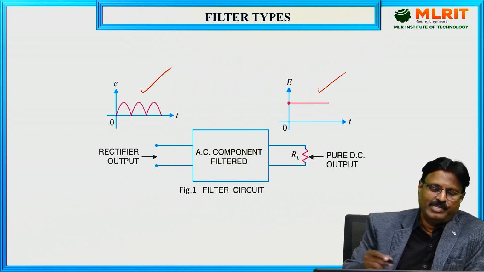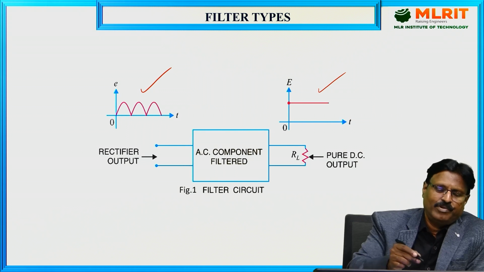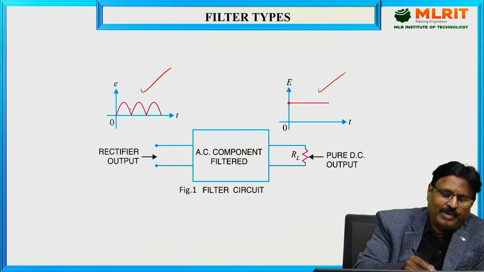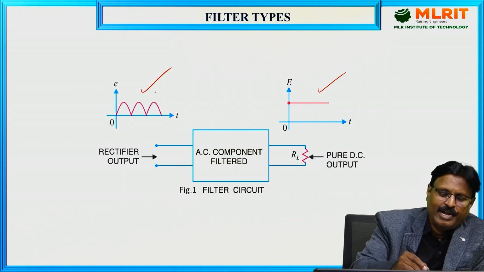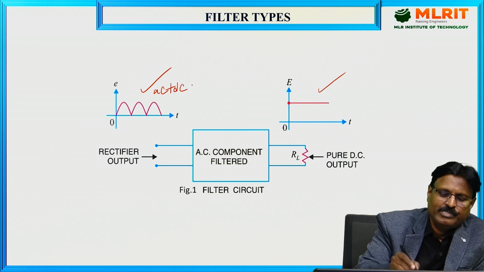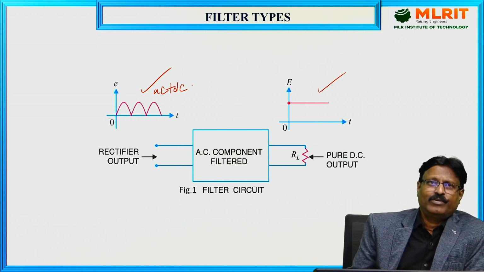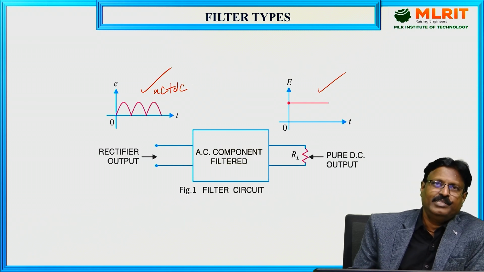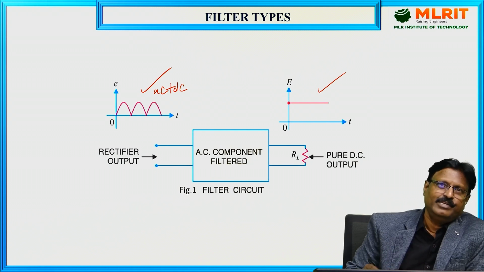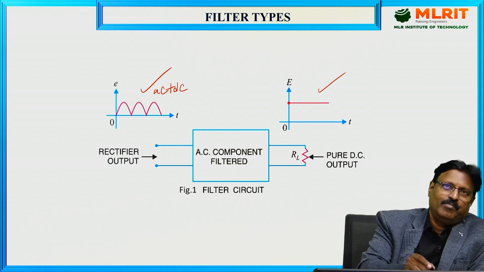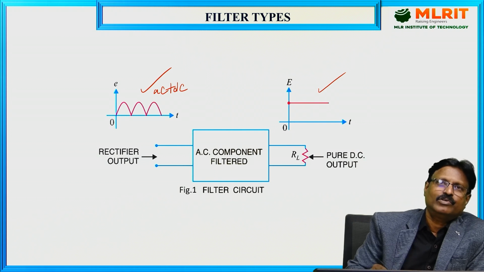But if you observe the rectifier output, it is a pulsating DC, not a pure DC. Pulsating DC means it contains both AC components and DC components. Actually, we expect only DC components in the rectified output, but here, along with the DC components, some AC components are also added.